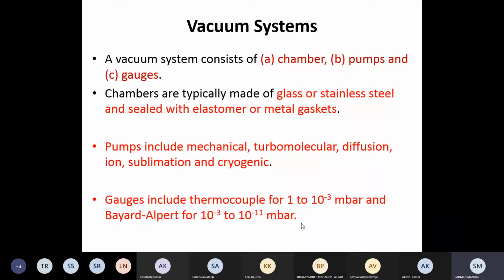One is a roughing pump, another is a high vacuum pump such as a turbomolecular pump or diffusion pump. And for both the low vacuum and high vacuum pumps, you need two different gauges.